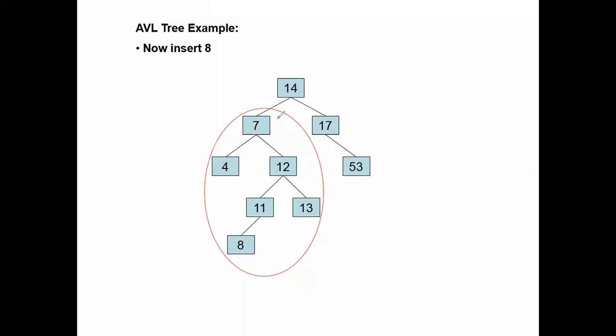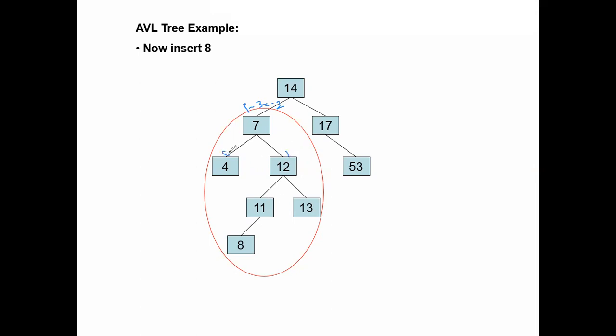So 7, just concentrating on 7, the balance factor of 7 will be height of left subtree 1 minus height of right subtree 3, so 1 minus 3, the value will be -2. So the balance factor is changed now. What about 12? 12 has left height 2 minus right height 1, that is 1.